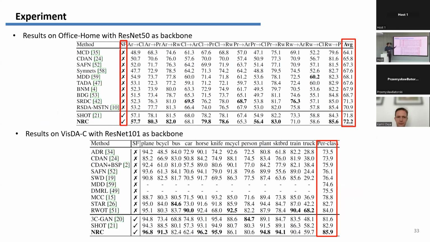But you can see that actually the methods which do not use the source data are very competitive. In domain adaptation, it's really not that necessary to have the source data the model was trained on. There is little advantage to get from it, which was maybe a surprise for the group.